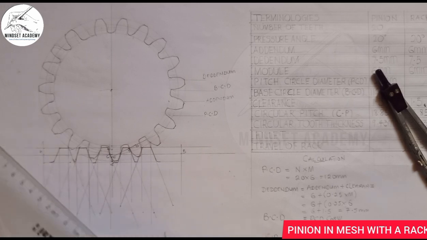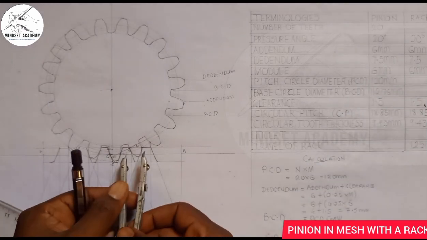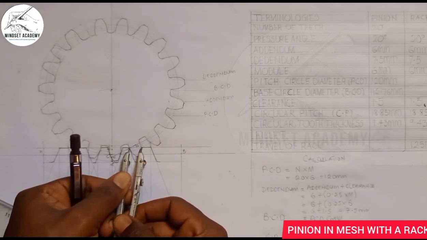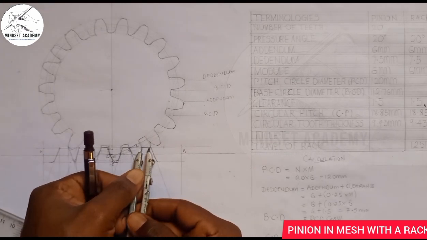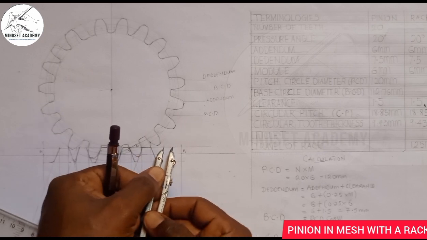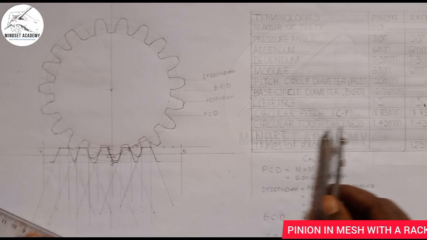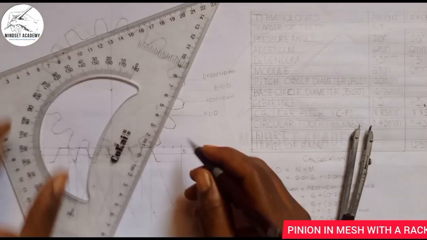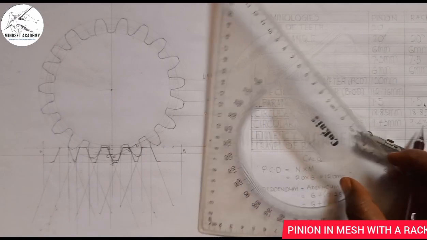So you can just continue the other way, and from this point to this point, maybe from this point to this point, then take the thickness, measure it here, right? Then from here, you can just bring it down this way.